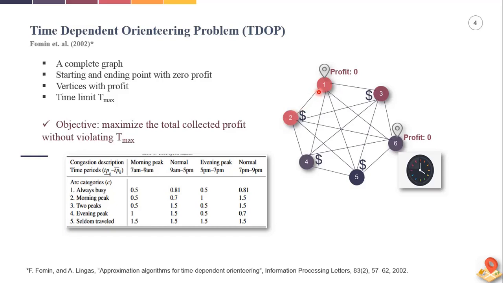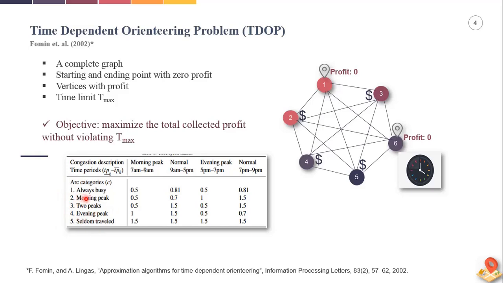details such as traffic. For example, in the speed model used in this table, with the traffic amount, 4 time periods and 5 categories are defined for the edges. Each edge has a category.